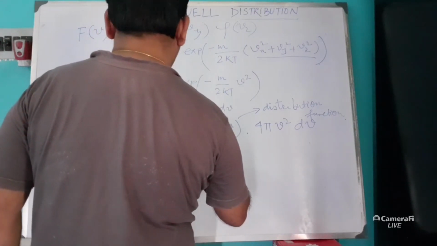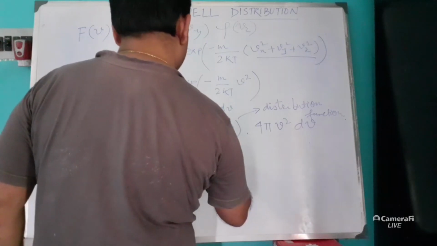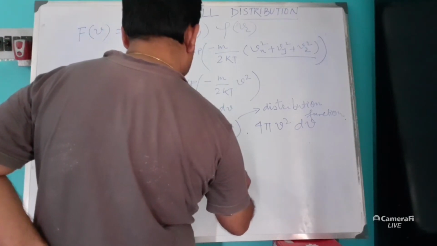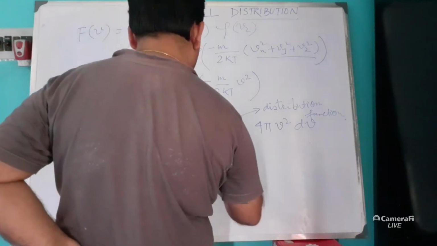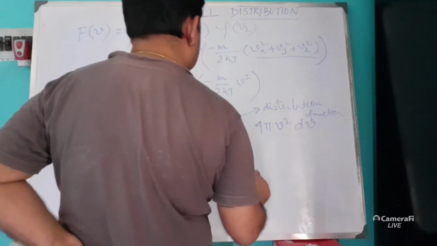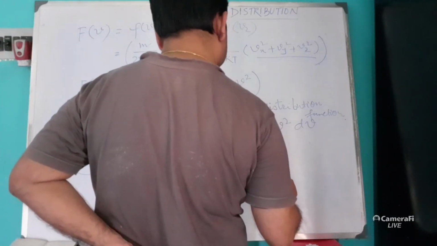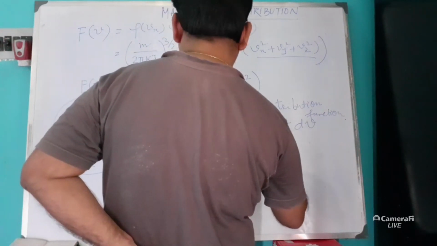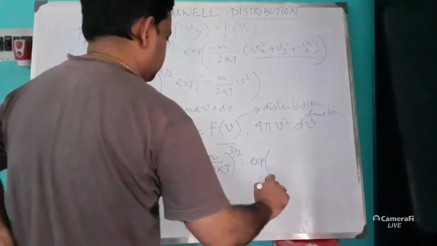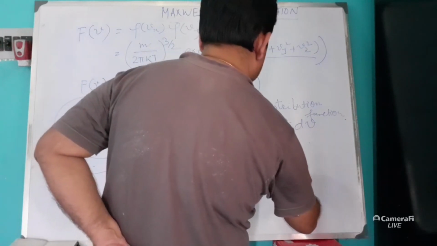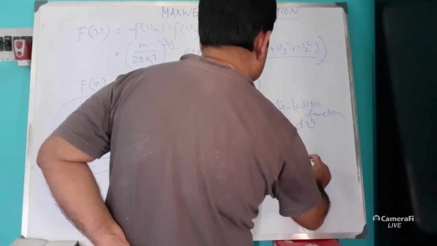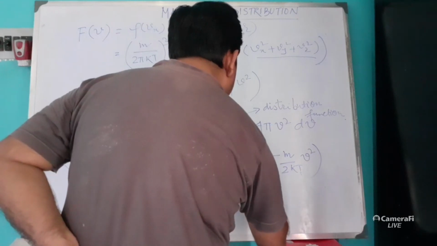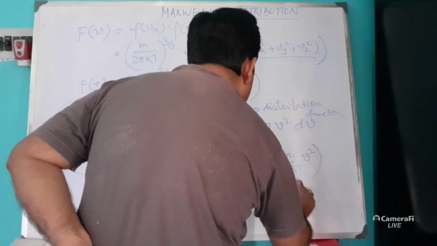We can write (m by 2 pi kT) whole to the power 3 by 2 into exp(-m by 2kT v squared) into 4 pi v squared dv.